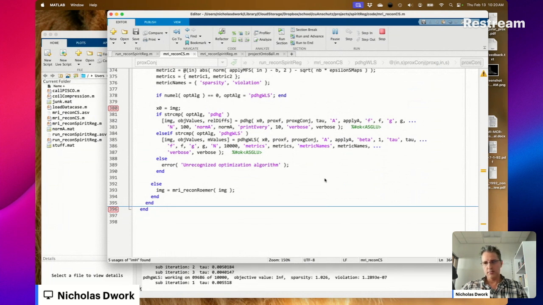We'll be done soon. Constraint violation is down to almost 1 times 10 to the negative 7. It looks like about where we're going to end up.